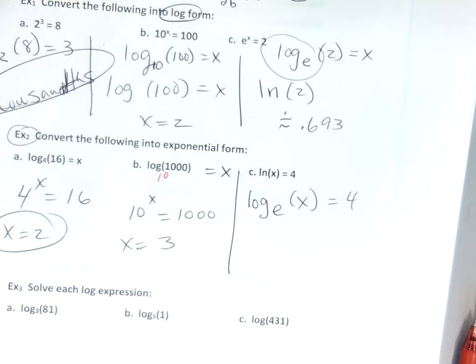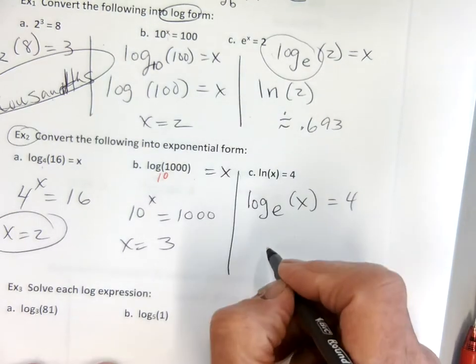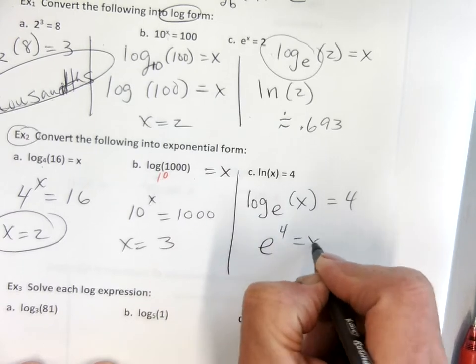I want to change it from logs to exponents. How am I going to change this? Here's my base. That's my base, right? Jacob, would it be e to the power of 4 equals x? You're the man. Nice job, Jacob. I had it right. Did you have it right also, Alex? Yeah. e to the 4 equals x, right?